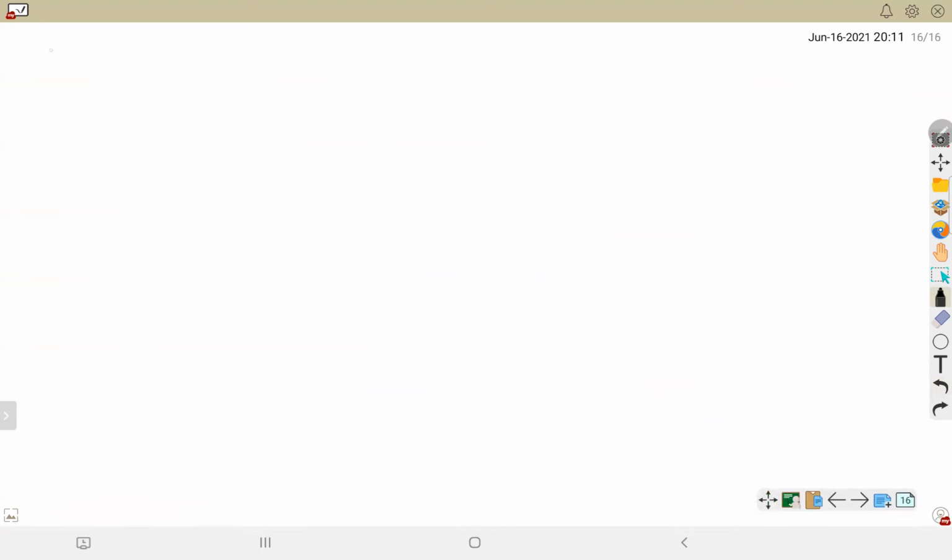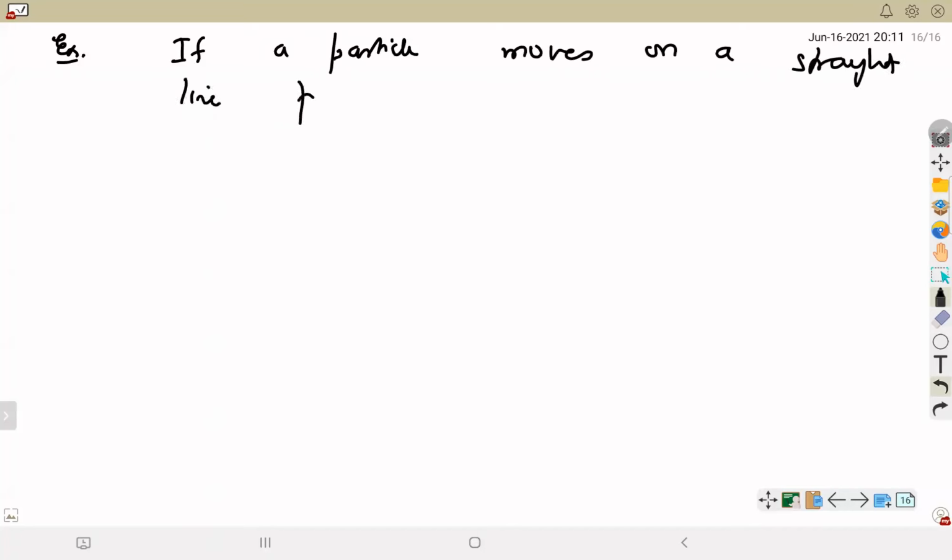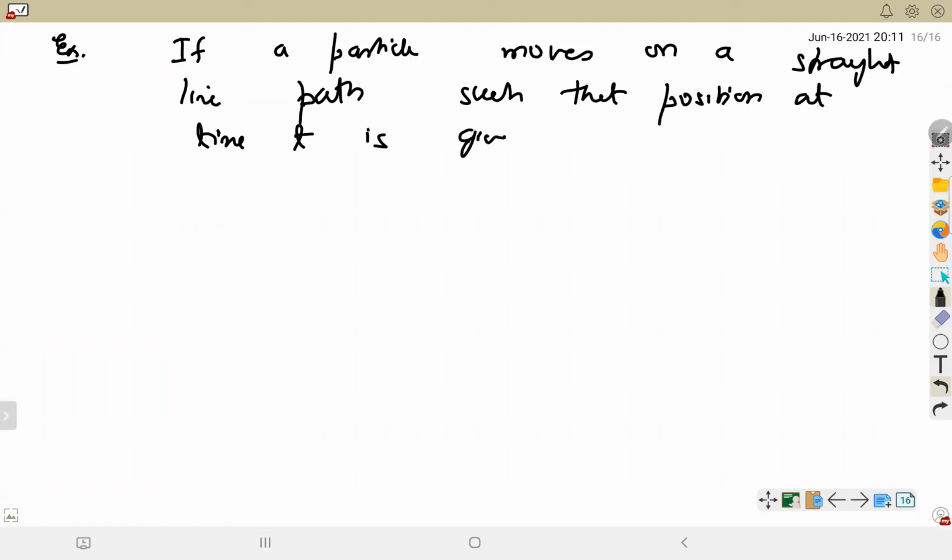So we'll see both types of questions, the equation based and the diagram based. Suppose a particle moves on a straight line path such that the position of the particle at time t is given as x is equal to t cube minus 3t square plus 5.